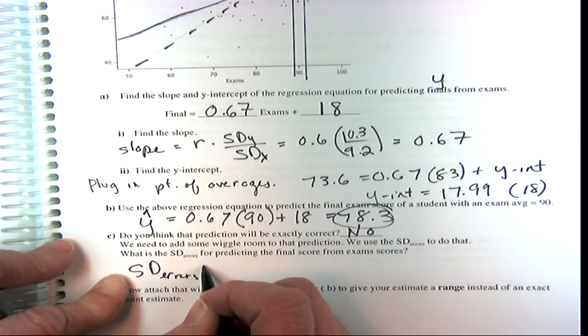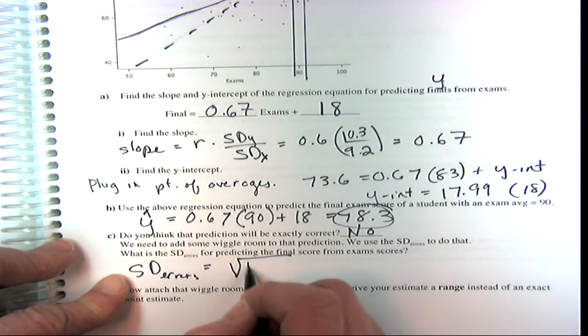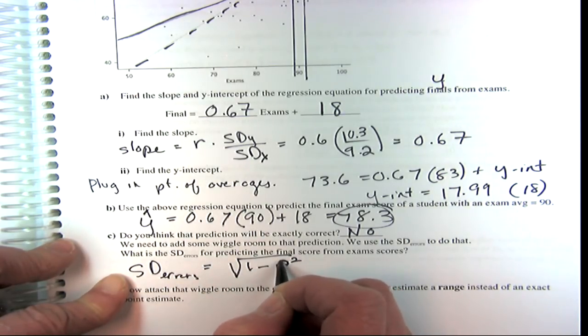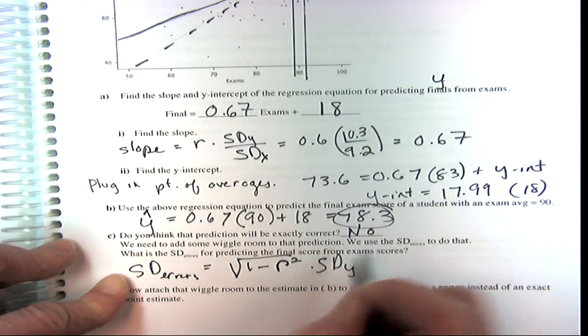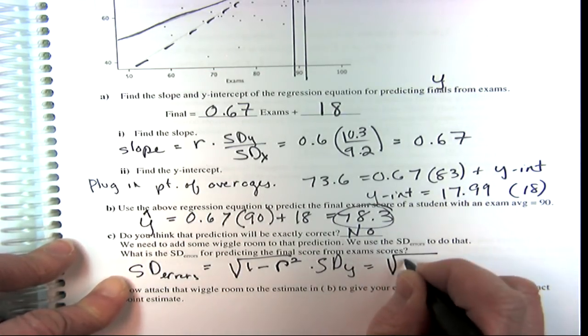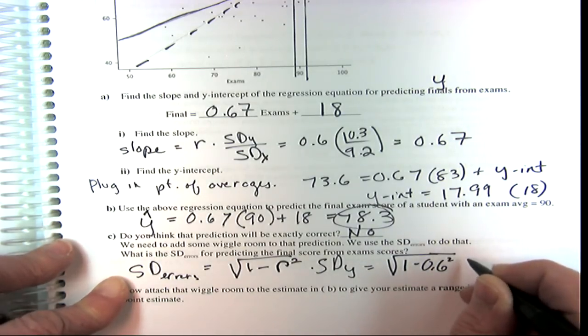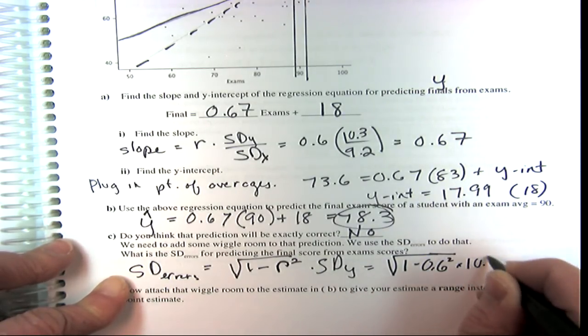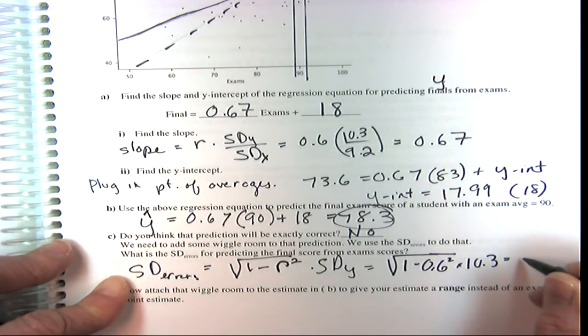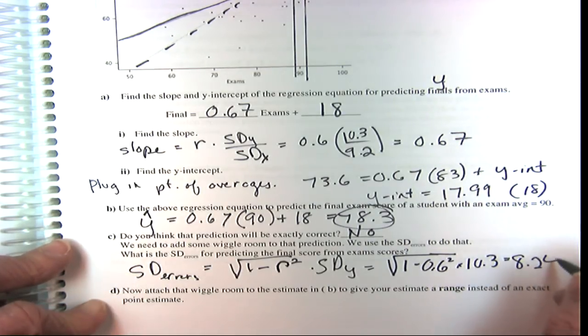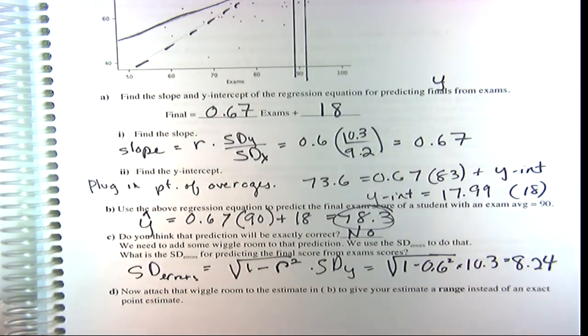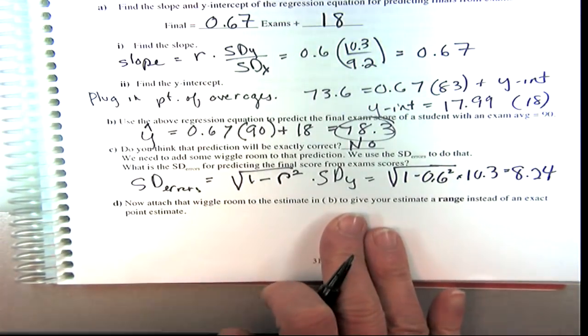That is equal to the square root of 1 minus r squared times the standard deviation of y. So that's the square root of 1 minus 0.6 squared times 10.3, and that is 8.24. We'd attach that wiggle room to the estimate.